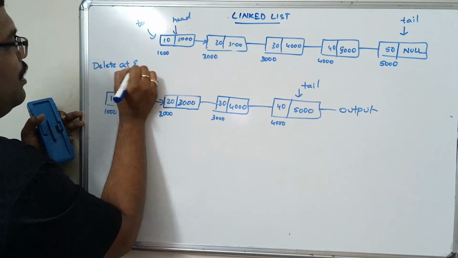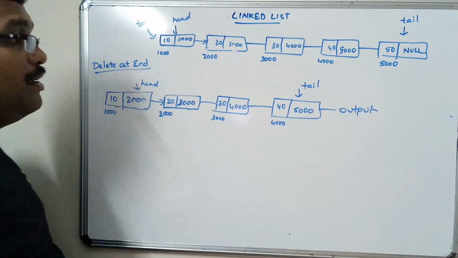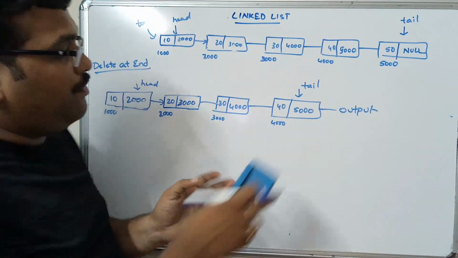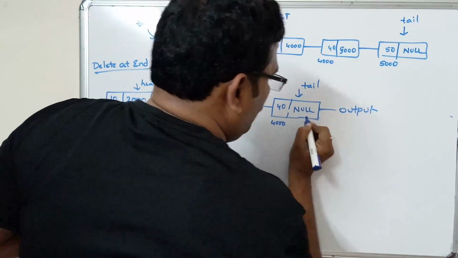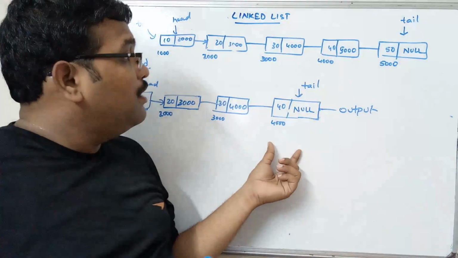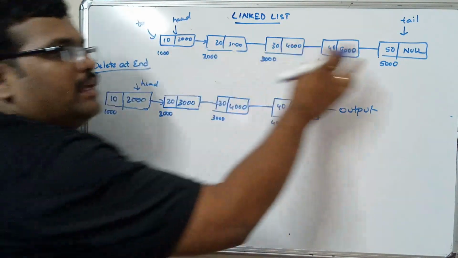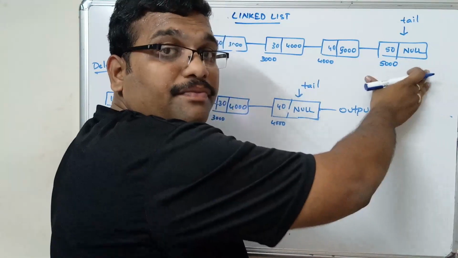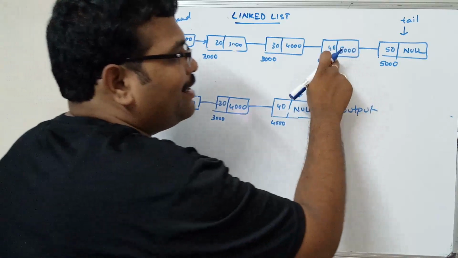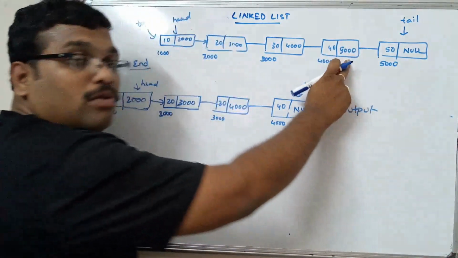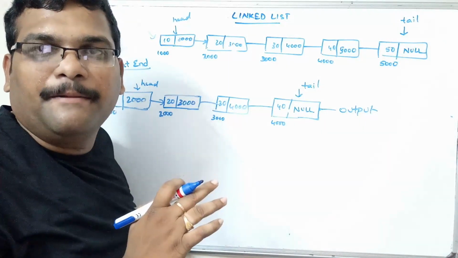Delete at end. Now see, if you observe here, in the second case we are deleting an element at the end. So here we are deleting the 50, the number 50, so that the tail should be moved to 40 and the address field of this 40 node should be null, because null indicates the last element, right?